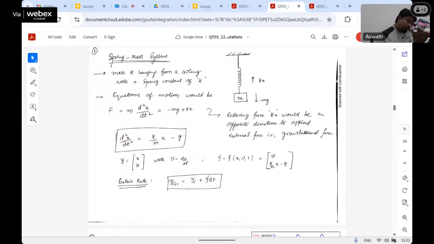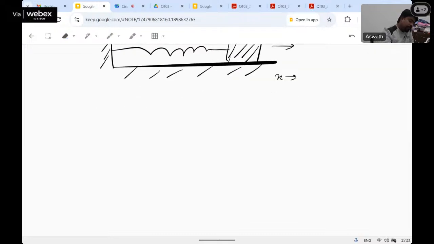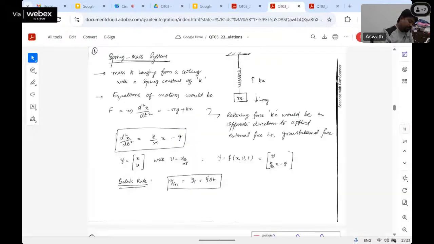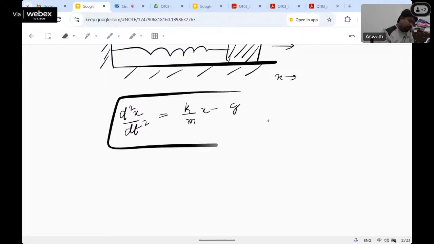In that scenario, this is the equation. Now it's a higher order differential equation. So let me write down the differential equation: d squared x by dt squared is equal to k by m into x minus g. This is a differential equation.